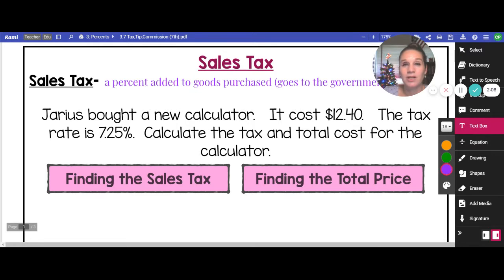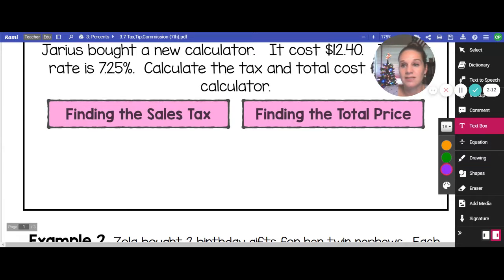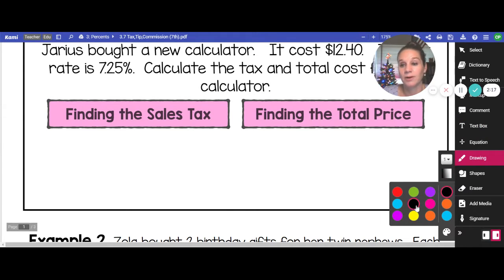So like I was saying, we're going to use that is over of proportion and set that equal to percent over 100. So I'm going to write that in real quick if I can find my pen.